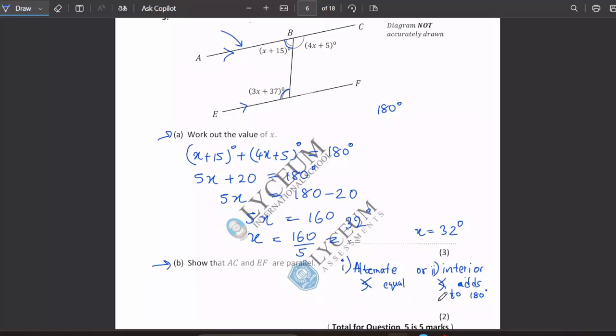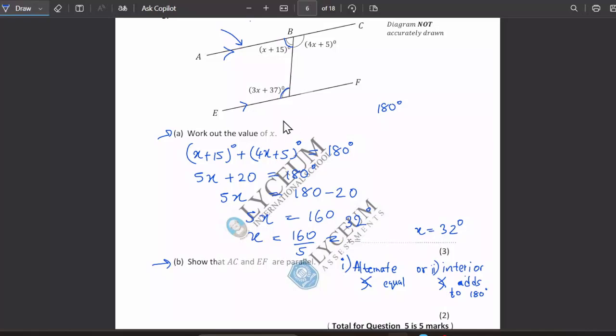So we can use either thing to show that these two are parallel. Let's say we are using the alternate angle method. So let's find the value of 3x plus 37. That gives us 96 plus 37.